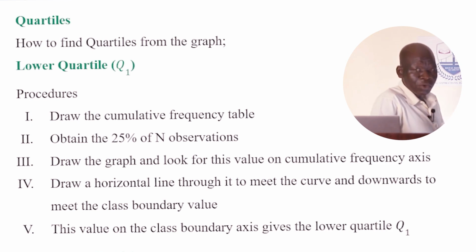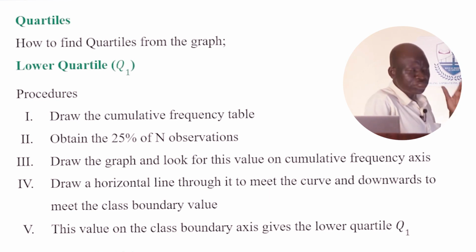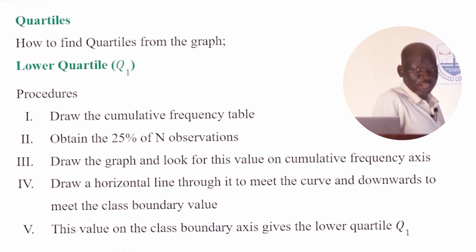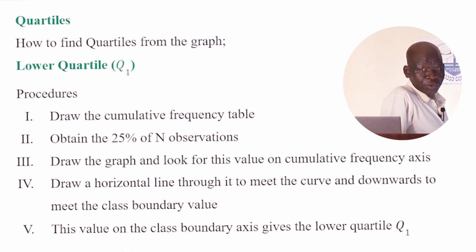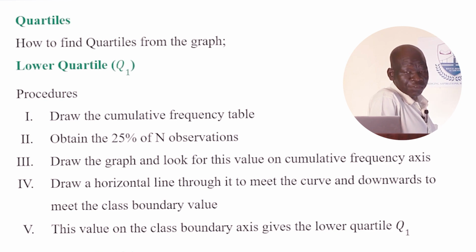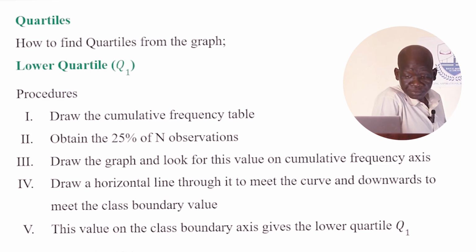That figure, we look for it on the cumulative frequency axis. After getting it, you draw a horizontal line through it until you meet the curve, the cumulative frequency curve.